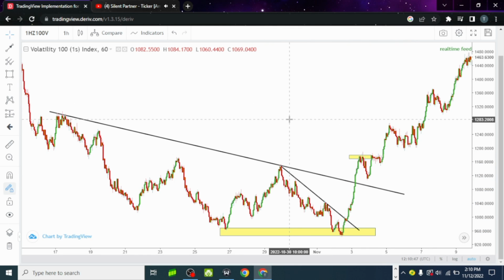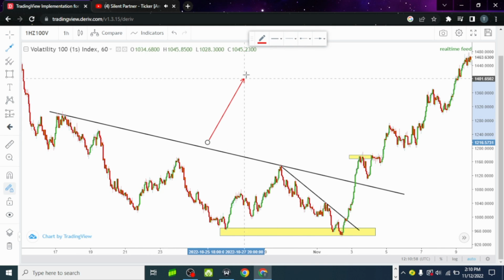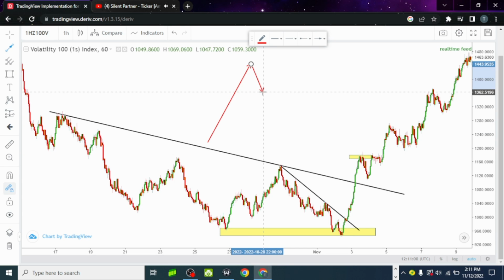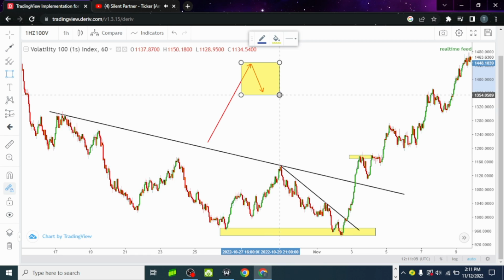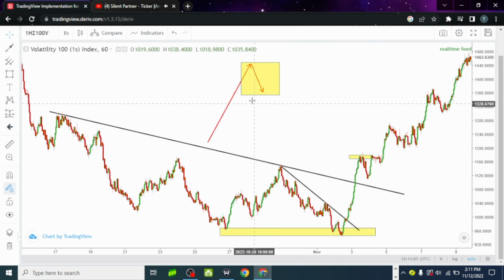So the next thing that you're going to do is take a tool that you call the Fib retracement. And as I told you before, whenever the market is moving, it makes what? It makes impulsive moves and pullbacks. And what is the nature of these pullbacks that are made by the markets? I told you that these pullbacks are usually 40 to 50% of the length of the what?